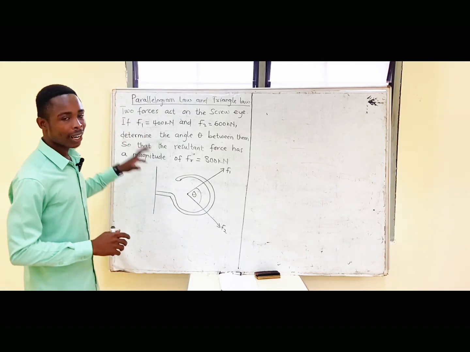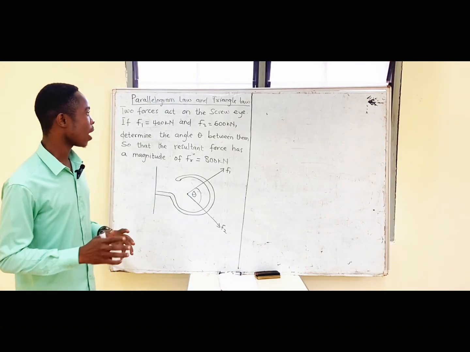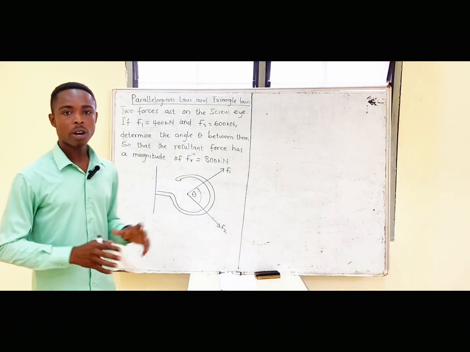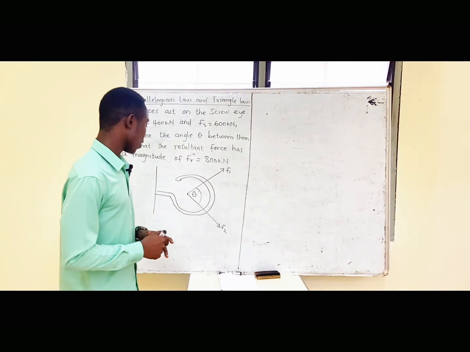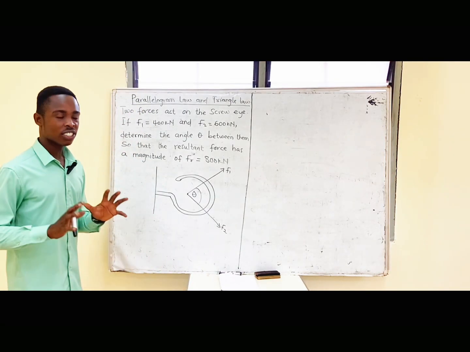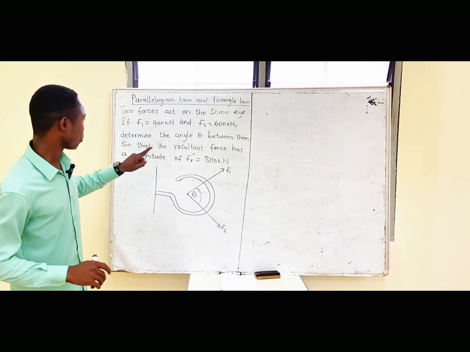Today we are going to analyze a problem on parallelogram law and the triangle law with the cosine rule and the sine rule. So with this problem, the question says, two forces act on the screw eye.